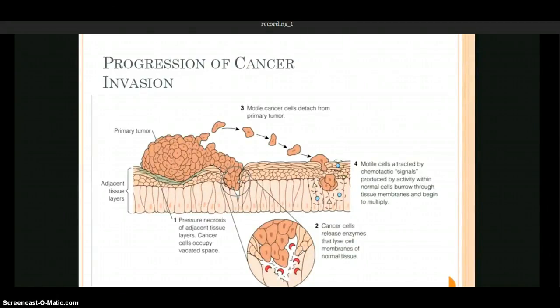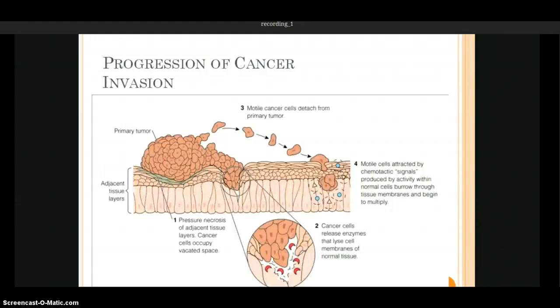Once that necrosis happens, the tumor will grow into that necrotic area. Eventually, it'll disrupt the basement membrane of the normal cells. And then we'll have excretion of enzymes that actually degrade the physical barrier so they can move into the normal tissue, and they can actually then work their way down into the blood or lymph, okay?